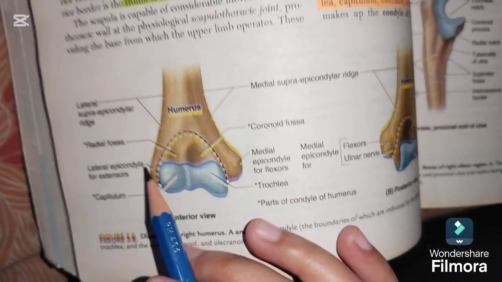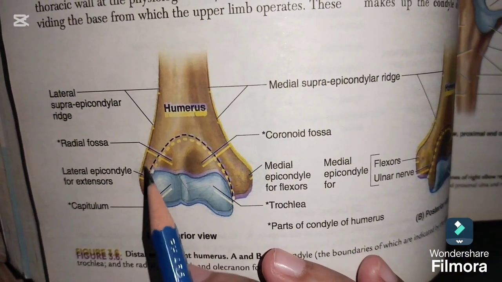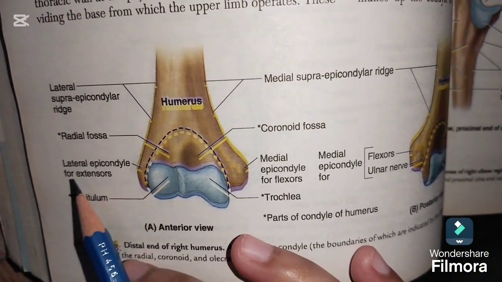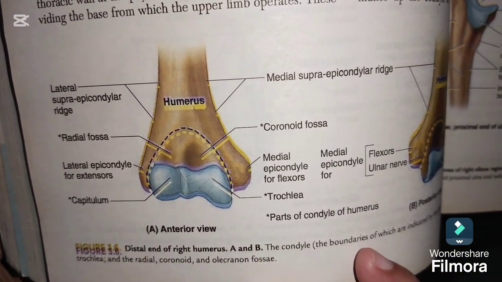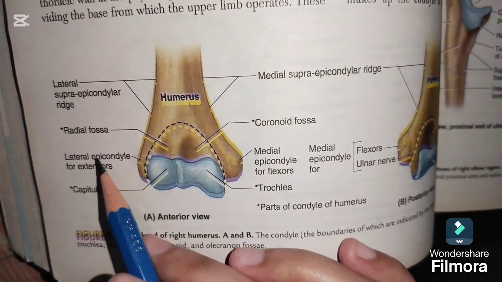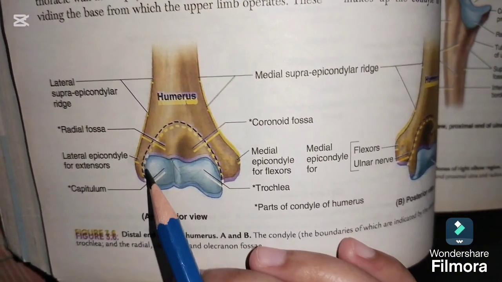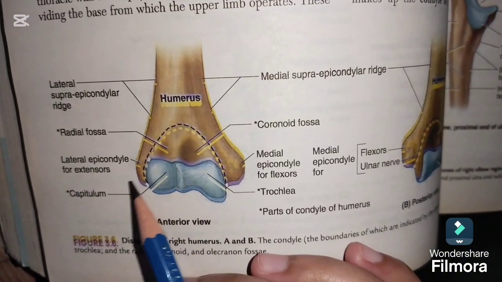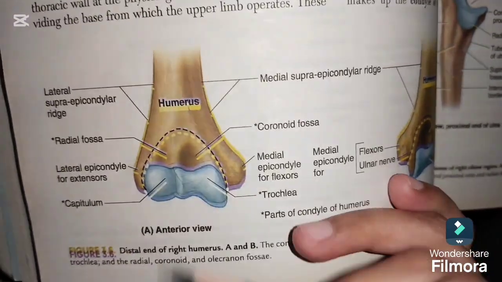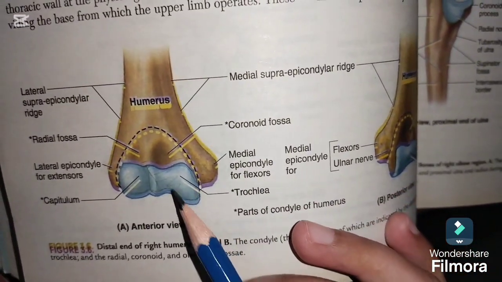And similarly, the lateral epicondyle is the point of origin for all the extensors present in the forearm, which are responsible to bring about the extension of the elbow joint, or the entire arm, you can say.